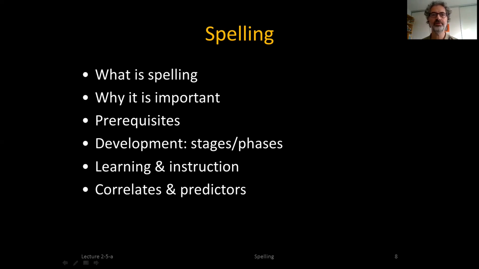An important corollary of this is that children with word level reading problems, that is, children with dyslexia, in other words, have spelling patterns and spelling performance that is entirely commensurate with the reading development. There is nothing special about dyslexic spelling.